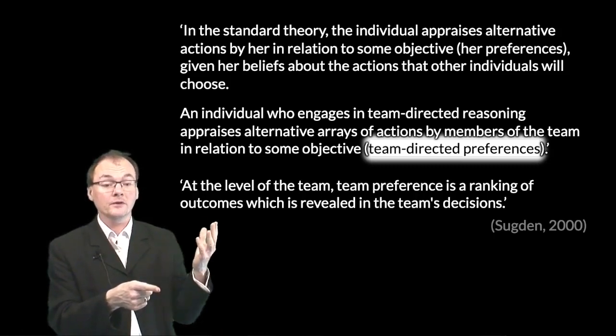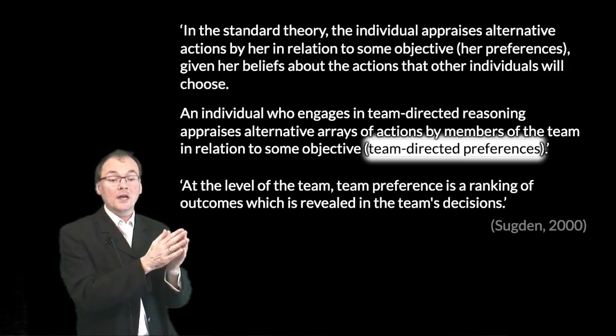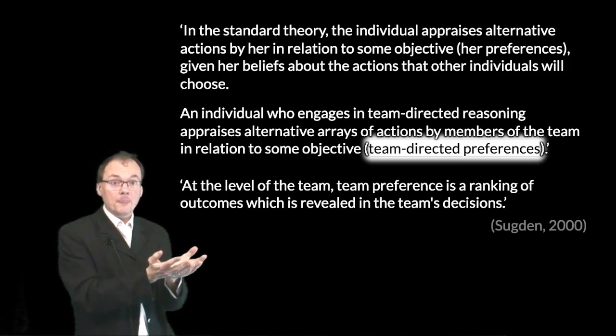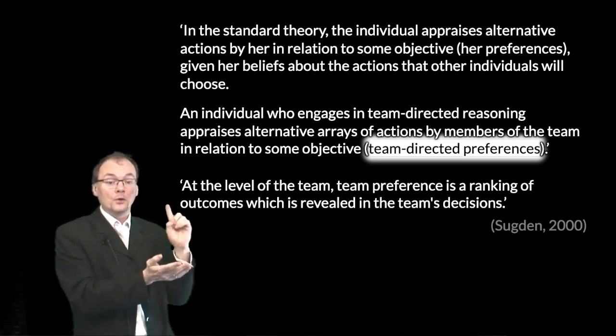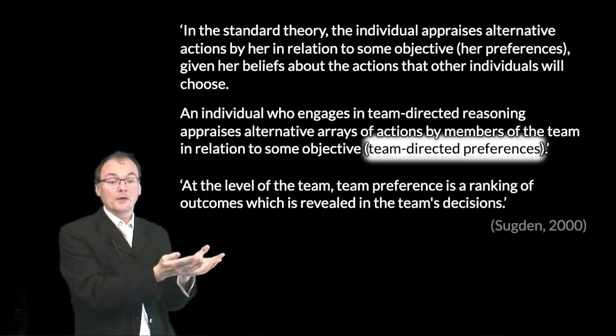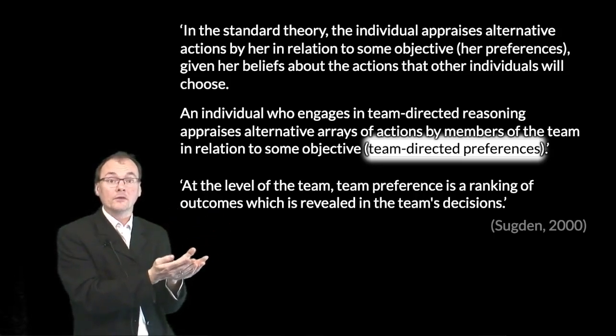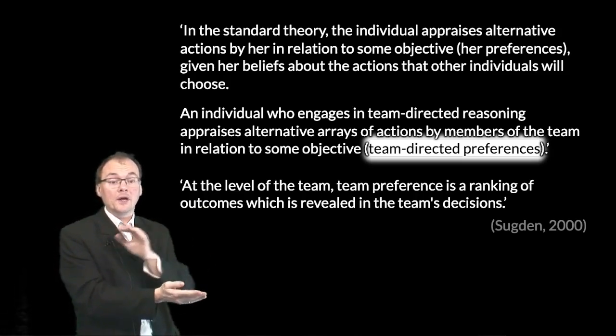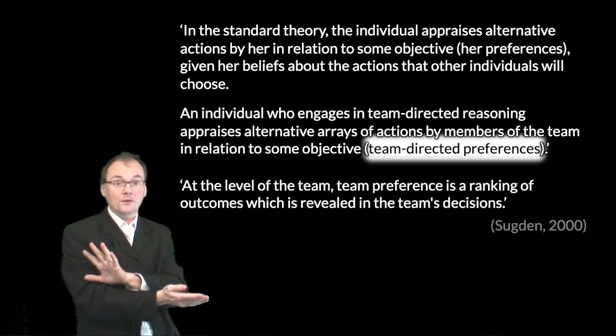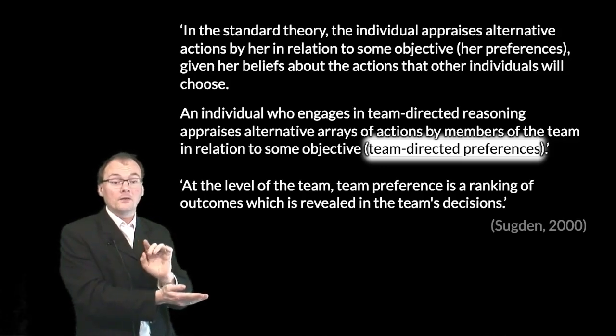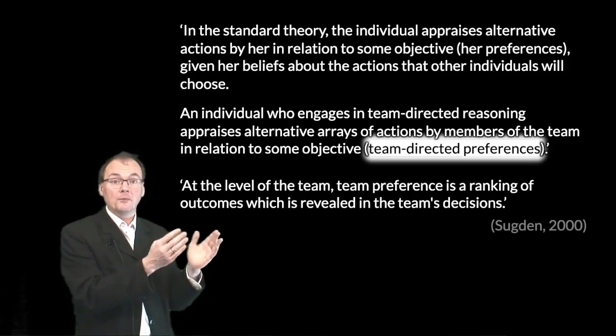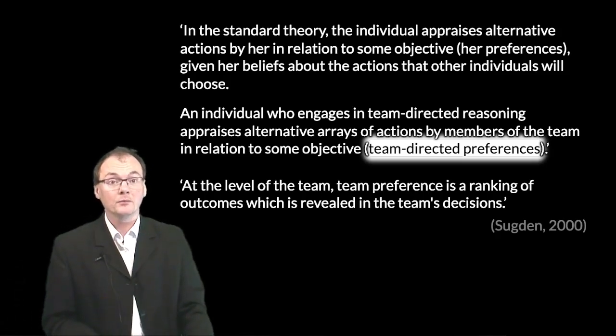So in other words, for Sugden, it's a beautiful idea. We're just taking your ordinary decision theory, but instead of applying it to one individual, you're applying it to a team. And that's the only difference. So for Sugden, team reasoning arises because we apply exactly the same theory, same axioms, not to the individuals, but to the team in order to get preferences for the team.